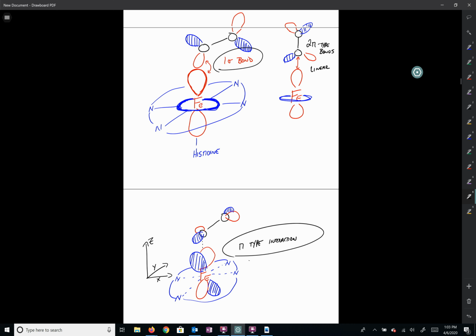And the thought should be, well, why is oxygen selectively binding to the iron? And there are basically two big reasons for it. Selectively.